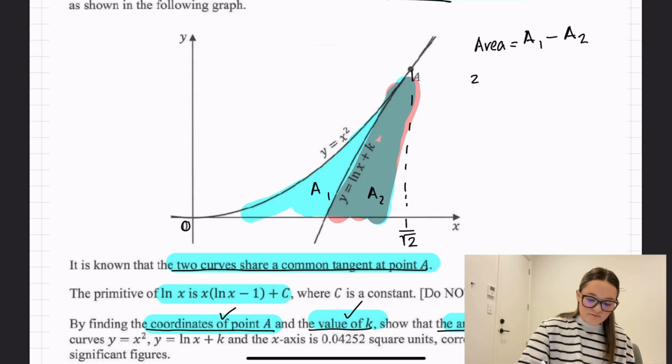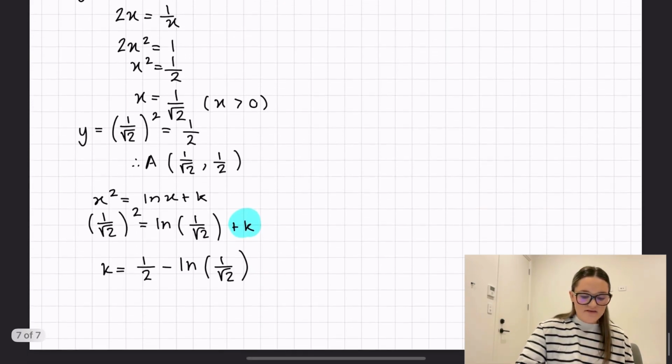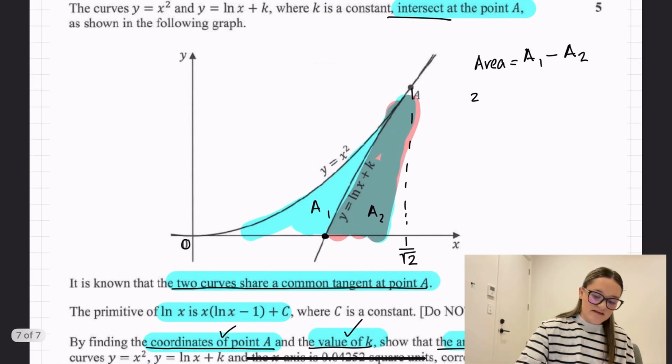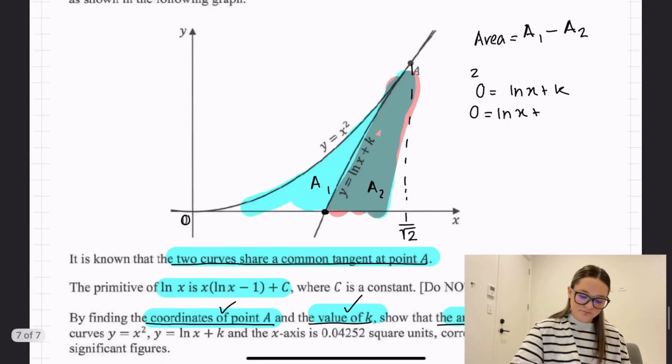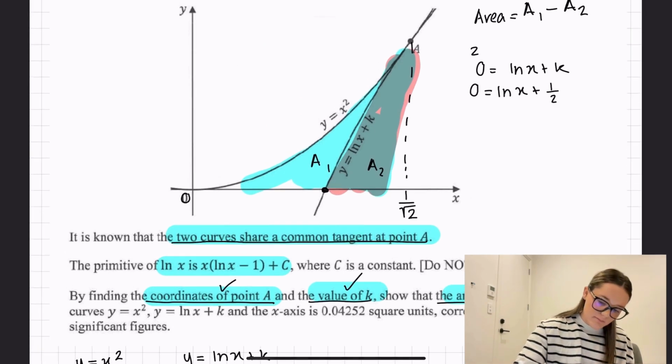I also need to find where my y equals ln x plus k graph intercepts the x-axis. So when I have an x-intercept, that means y is equal to 0. So I'm going to let y equal 0 in ln x plus k. Substituting in my value of k that I found, I get 0 is equal to ln x plus a half minus ln 1 on root 2.